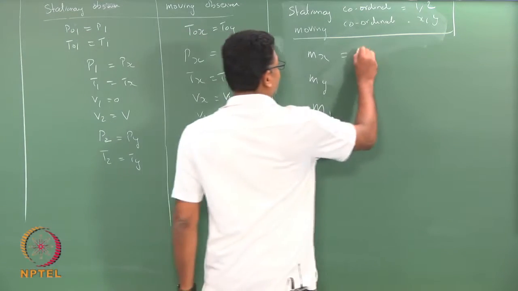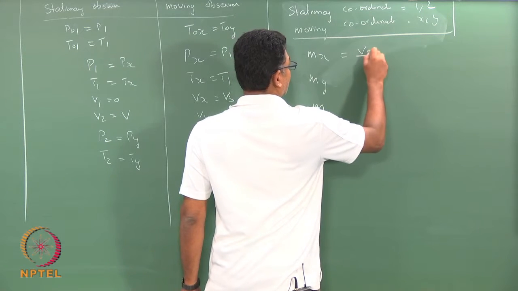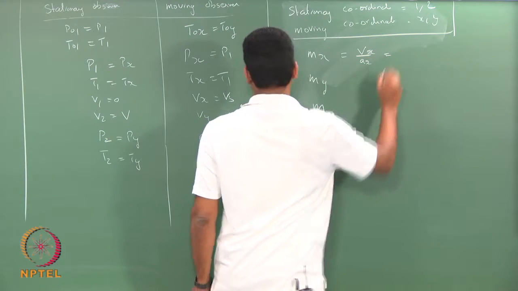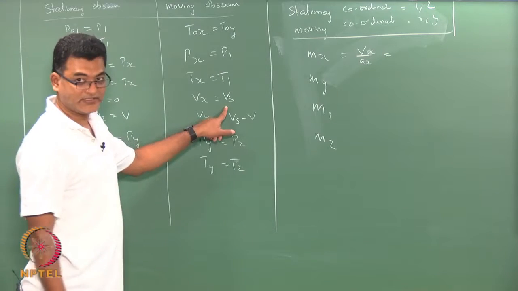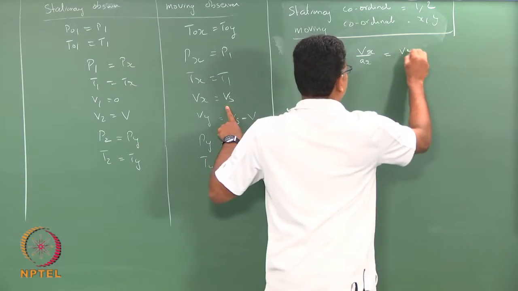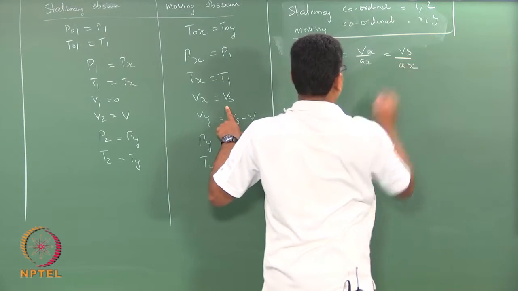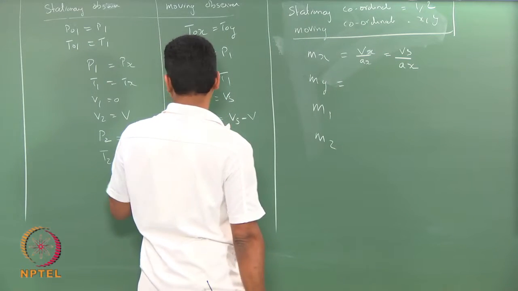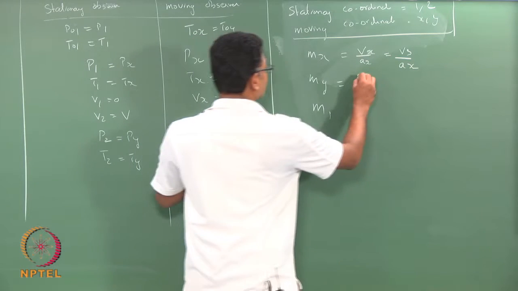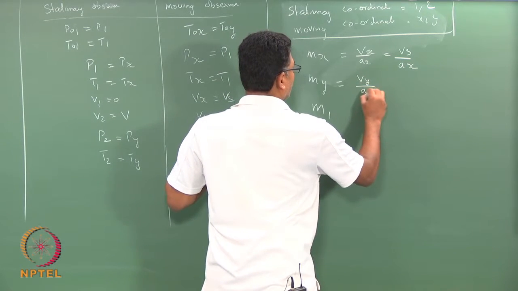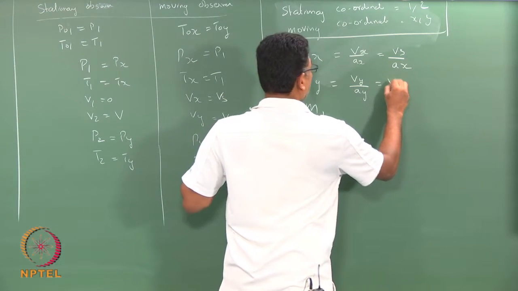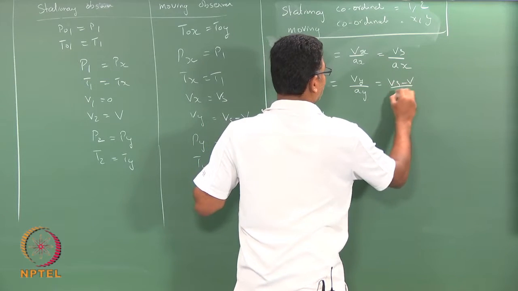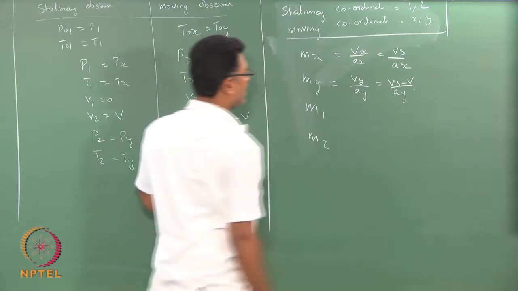So, we define Vx by Ax, Vx is Vs. So, I would write Vs by Ax, and My is Vy by Ay, which is Vs minus V by Ay.